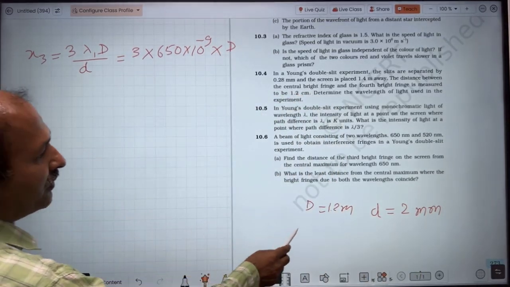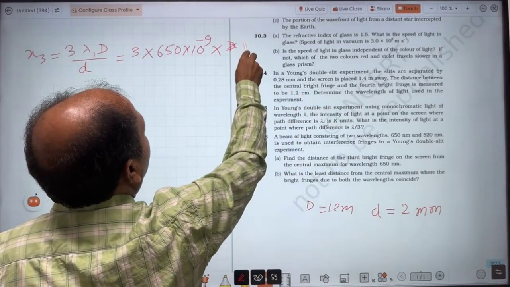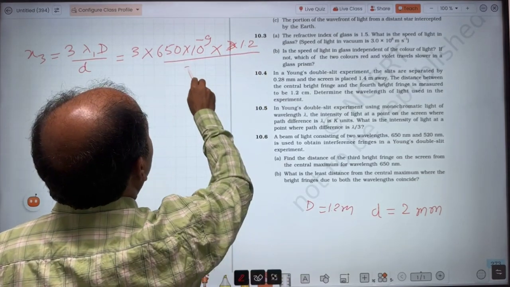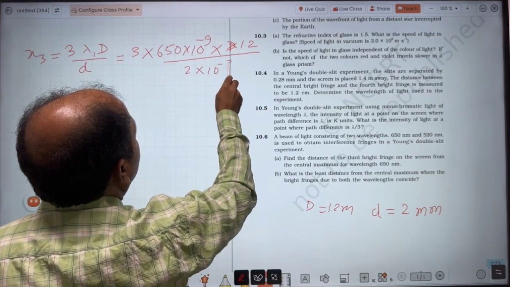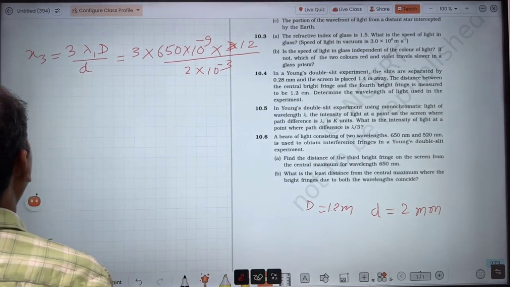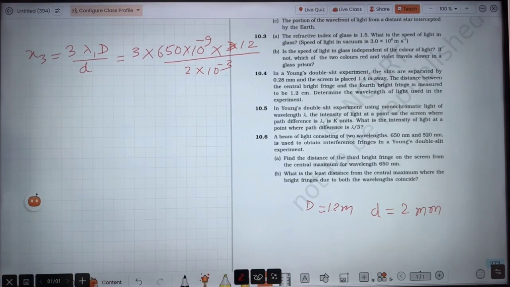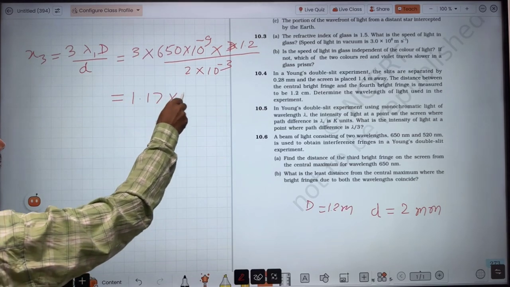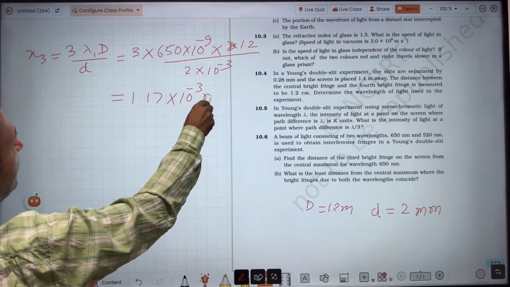So we can write the value of D as 1.2 and then divide by the separation. Separation is 2 into 10 to the power minus 3. And then evaluation can be done, right? So this will come out to be 1.17 into 10 to the power minus 3 meter.